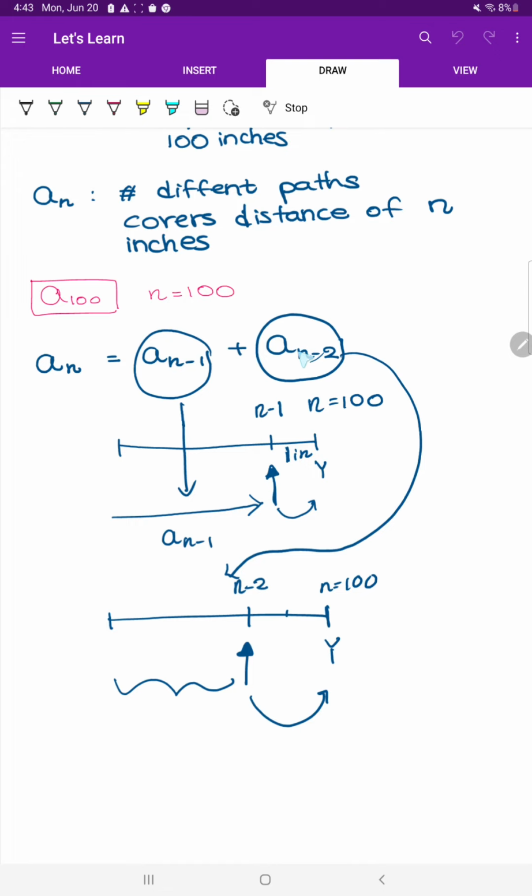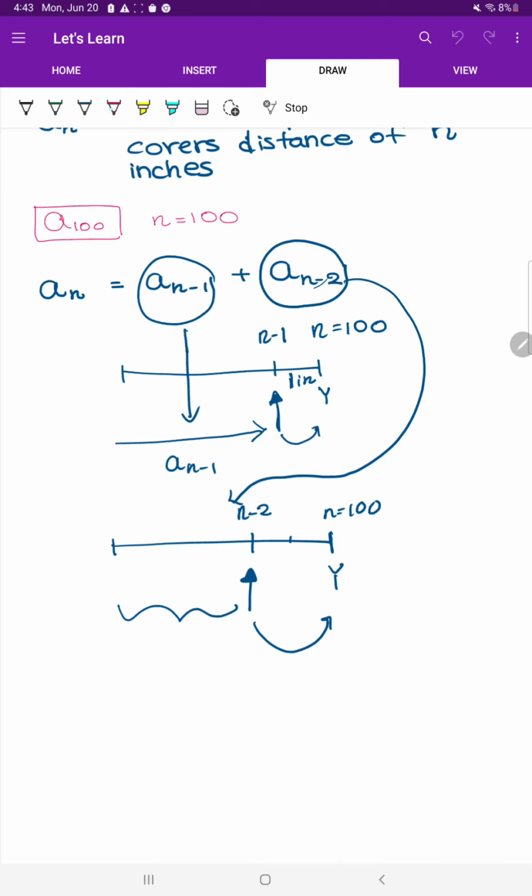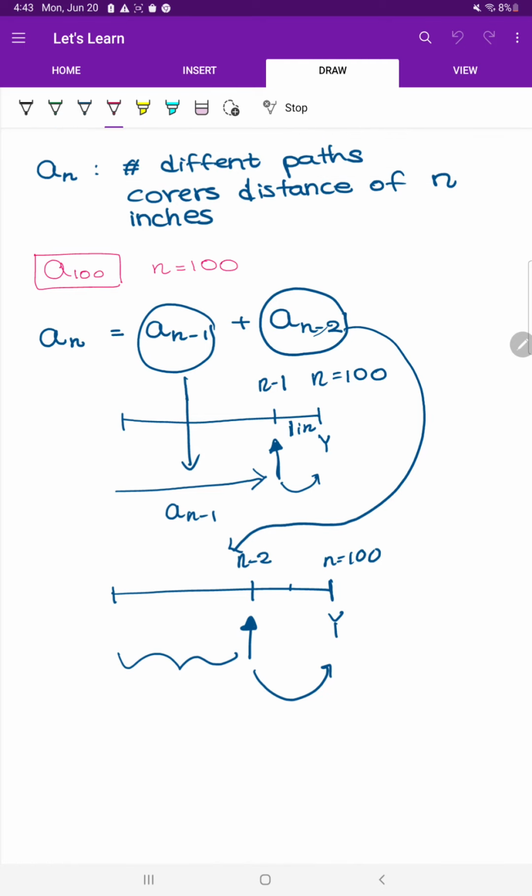So it should be the sum of these two terms. In other words, if n is greater than 2, we have this number of ways to travel the distance.